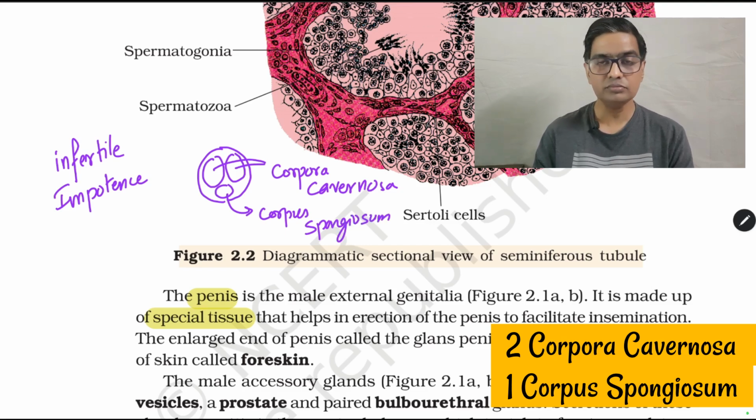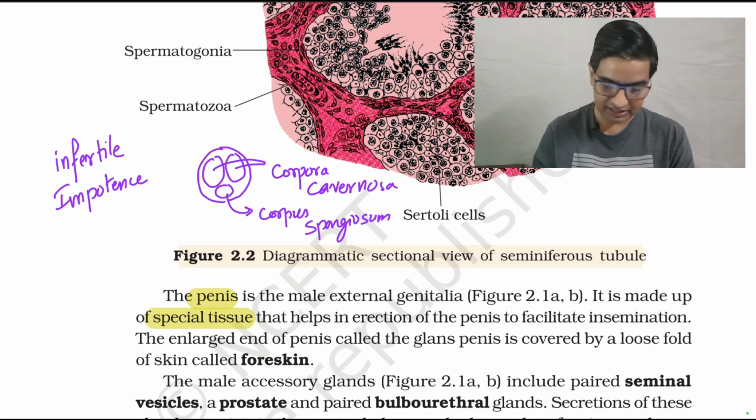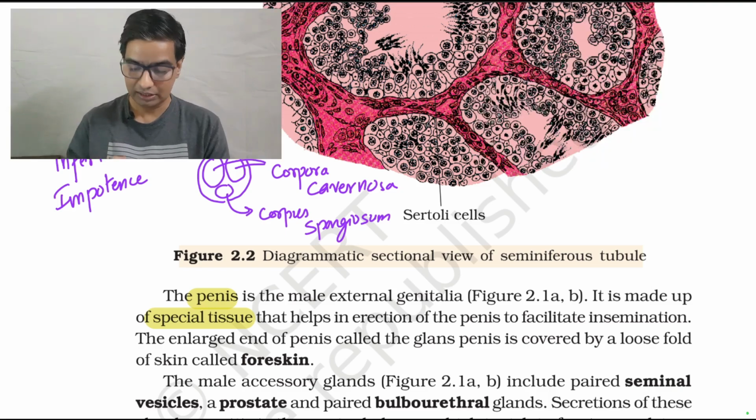Simple. Now, the urethra passes through corpus spongiosum, whereas corpora cavernosa is responsible for erections.